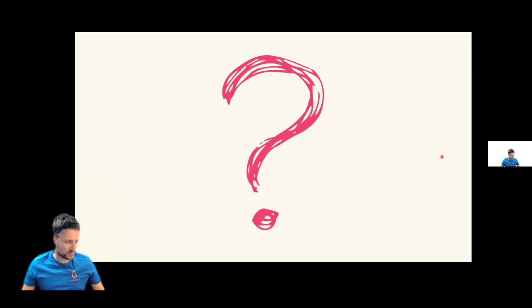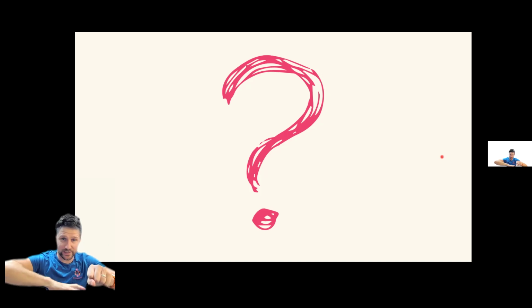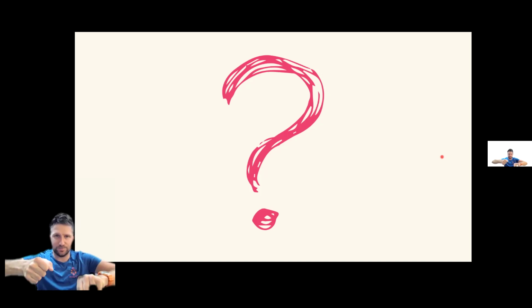A really good question that someone's just sent me is, how do I know the level of my students' understanding before I give my explanation? This is where your questioning technique, which we spoke about in the previous webinar, can come in. We can do some questioning before we give our explanation.